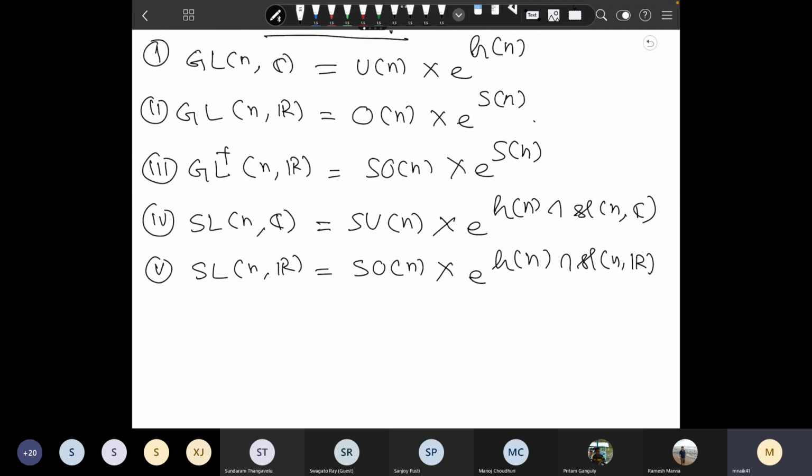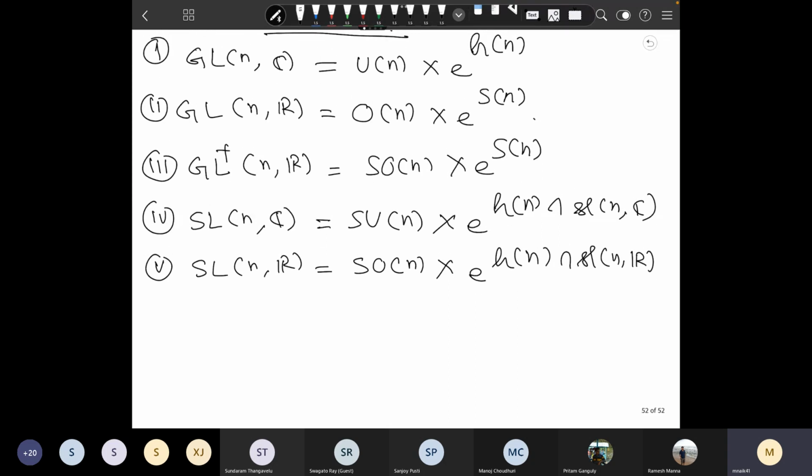Whatever I have derived from previous pages, I have just listed here. Suppose we take G equal to SLNC. What is the Lie algebra of G? The Lie algebra of G is small SLNC.